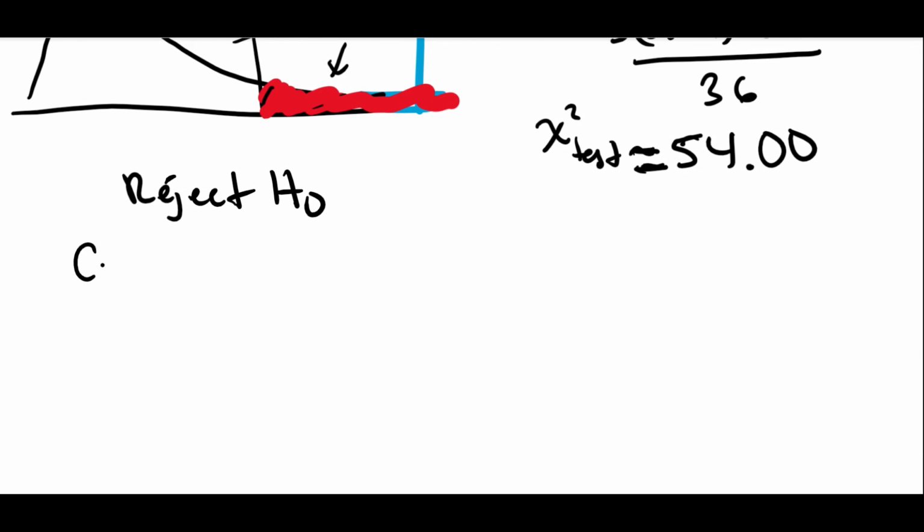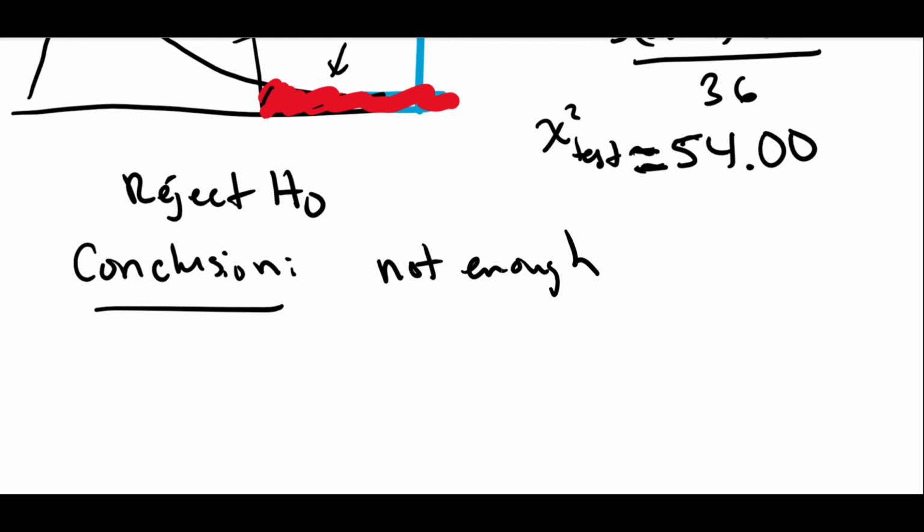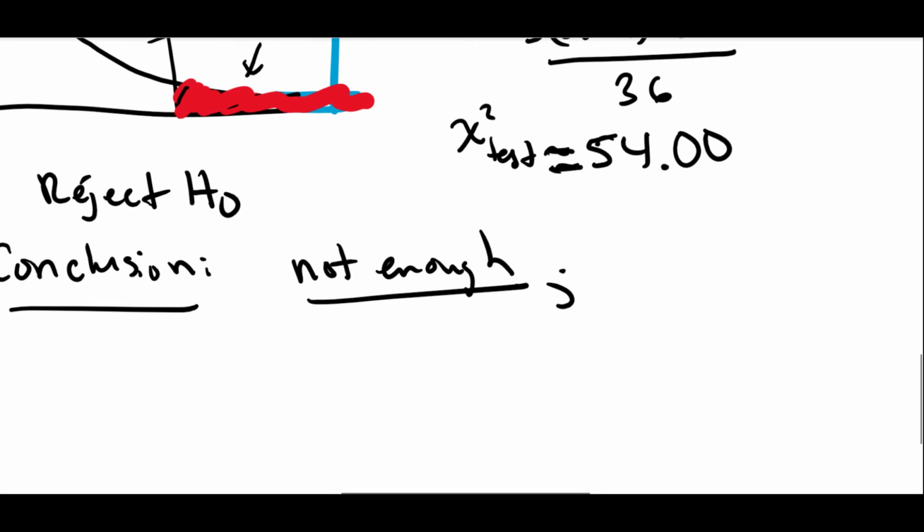Again, I'm not going to write down the entire conclusion. Remember, I told you I was just going to give you the keywords. For the conclusion, since we're rejecting, we're going to say not enough evidence. So there is not enough evidence at the 5% level of significance.